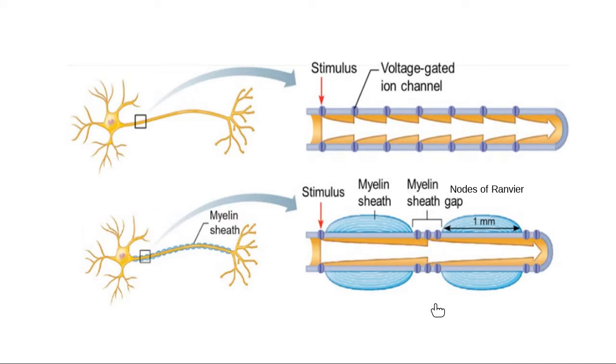Let's see if we can take a guess. Myelin is kind of fatty. If I put some fat around my neurons, do you think that's going to make them look lighter in color or darker in color? Some adipose tissue.